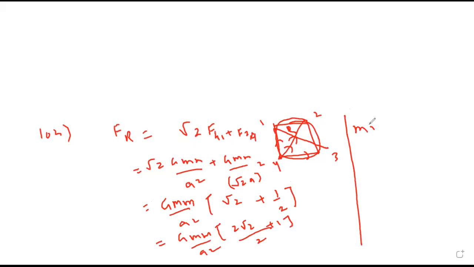Now m v square upon radius, which they are telling r, equals Gmm upon a square into (2√2 plus 1) upon 2. One mass I can cancel. So v square upon, what is radius? Radius of orbit is how much? Half of length of diagonal.